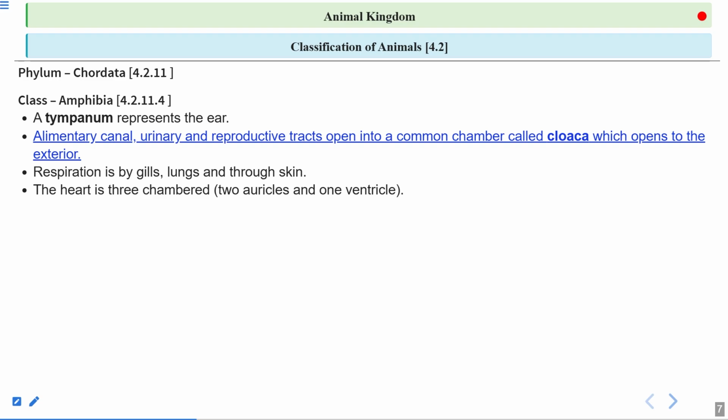So at a time, we do not have purely pure blood except in the case of the left auricle, right? The right auricle will have totally impure blood, but the ventricle will have a mixture of pure and impure blood. So this is one of the disadvantages we see in the case of the three-chambered heart.